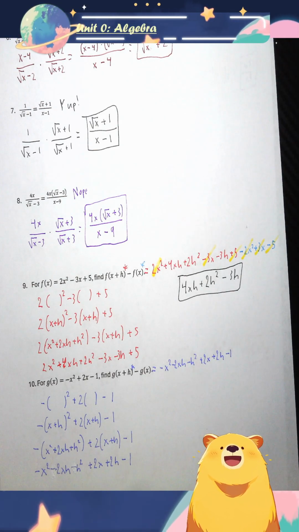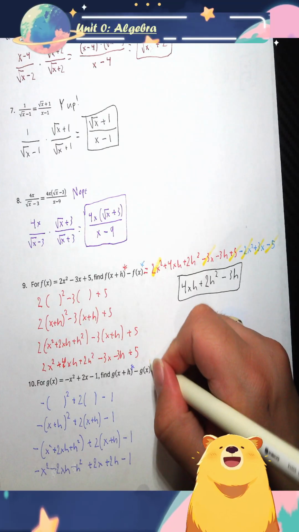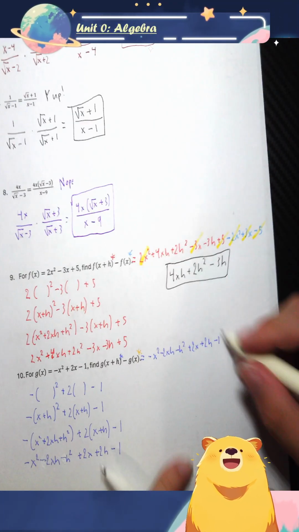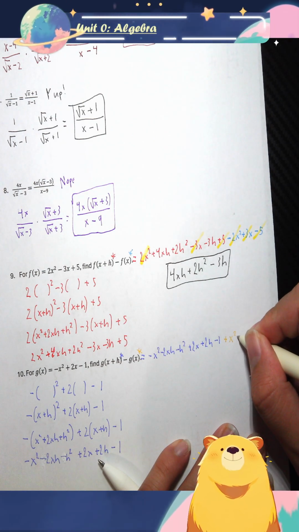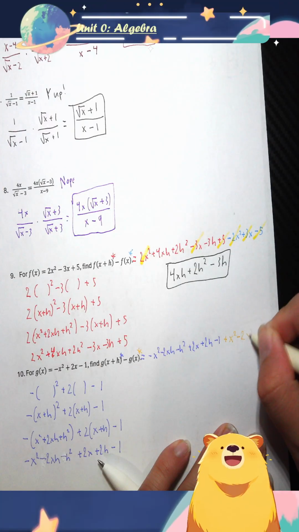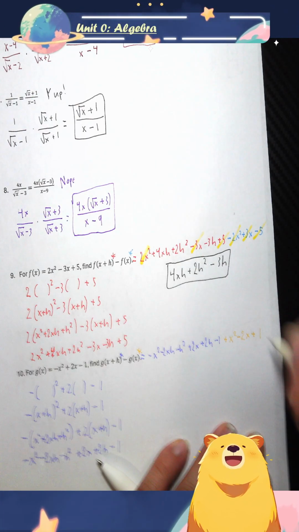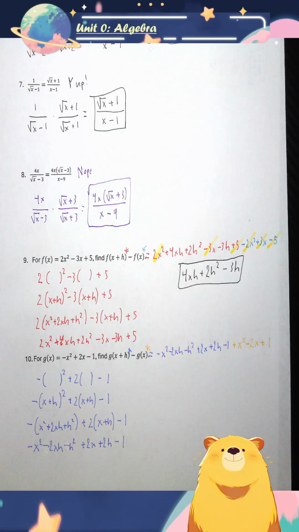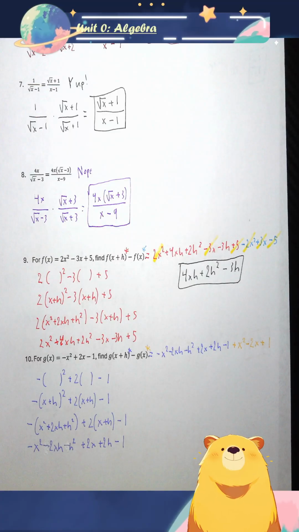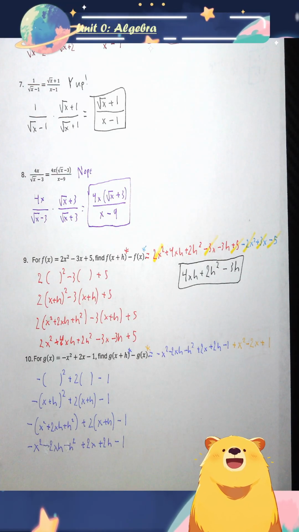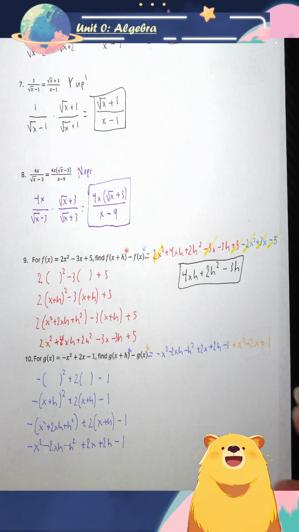And then we're going to subtract whatever g of x is, but negative, so we've got plus x squared, minus 2x, and plus 1. Okay, wait, let me make sure. I just realized I'm using yellow. Yeah, that appeared on the screen. Okay, so then let's take them out.